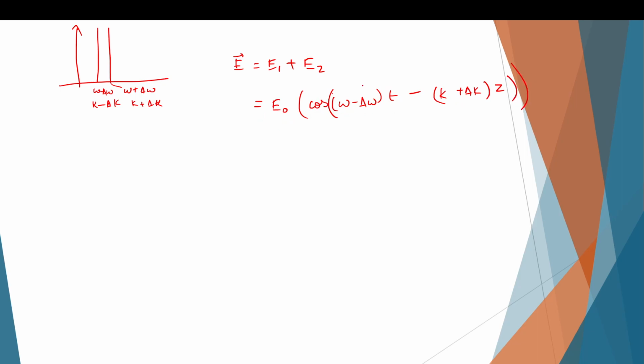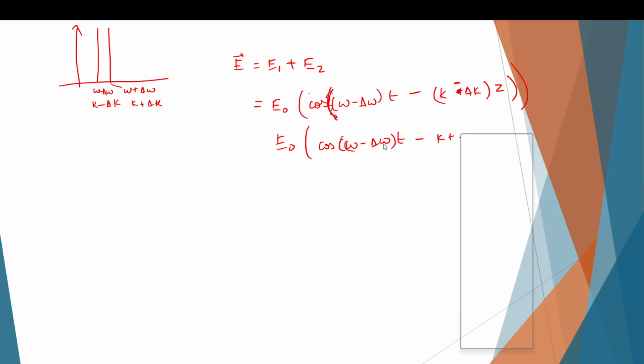Then E2 will similarly be E naught cos of omega plus delta omega times t minus k plus delta k times z.